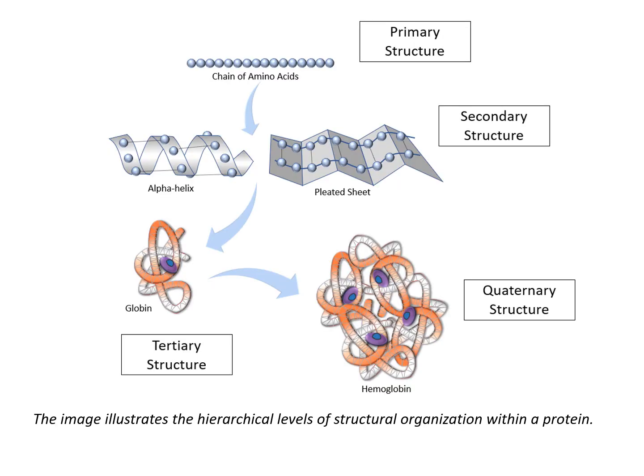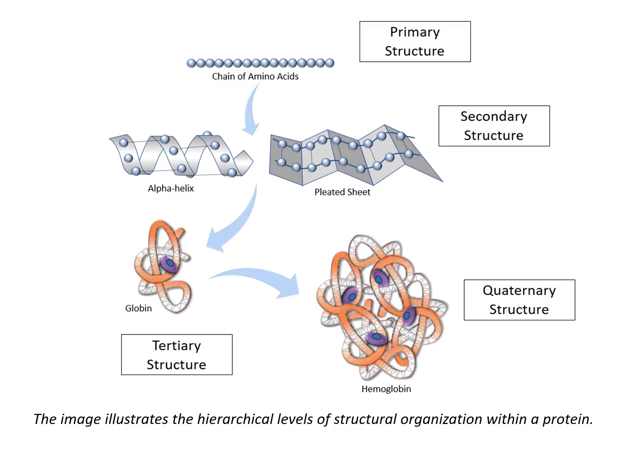This image illustrates the hierarchical levels of structural organization within a protein. We start with the primary structure, the linear sequence of amino acids. Next is the secondary structure, showing localized folding into alpha helices and beta sheets.